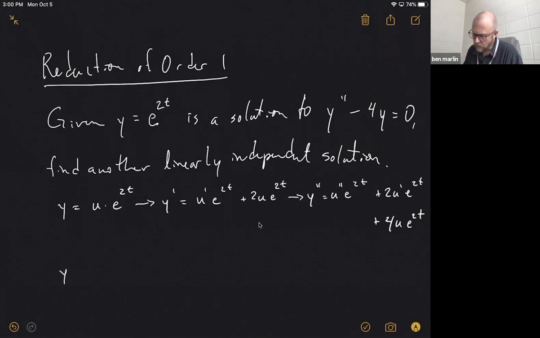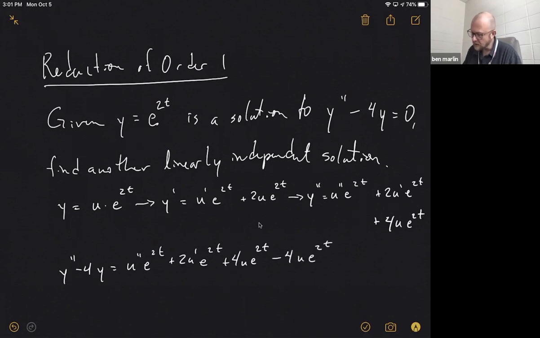So then our y double prime minus 4y is going to be u double prime e to the 2t plus 4u prime e to the 2t plus 4u e to the 2t. So far, this doesn't look like it's helped much. Minus 4 times u e to the 2t.